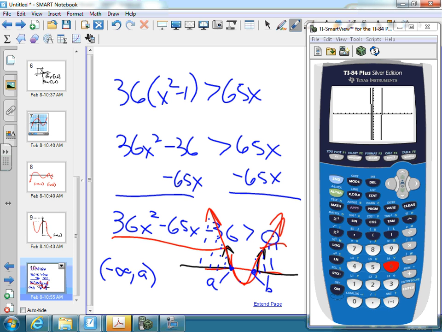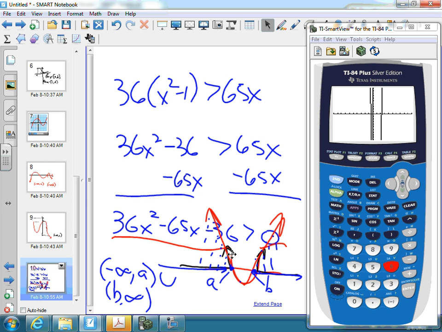So I've covered this whole section of the graph. Union, and I have to start here at B and go that way. B, comma, infinity. Does that make sense?